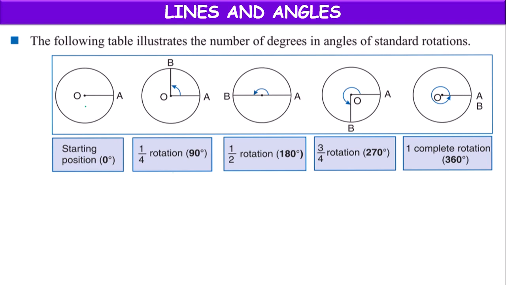So these are the normal angles. Usually, in so many cases, we will be using these normal angles here in the first diagram. When the ray in the circle is at the starting position, then the angle made by the OA ray is 0 degrees, as it is not moving.